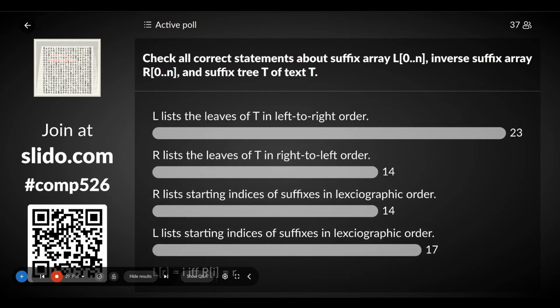Quite a few things got quite a few votes, but also quite a few of the answers are correct.